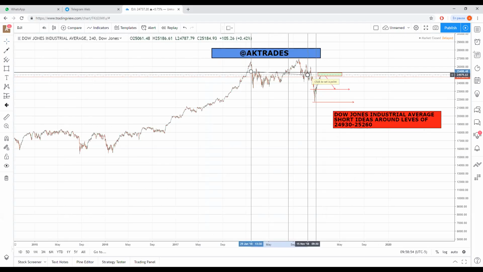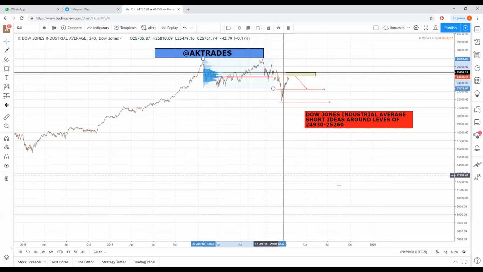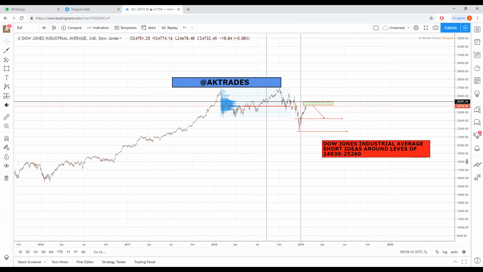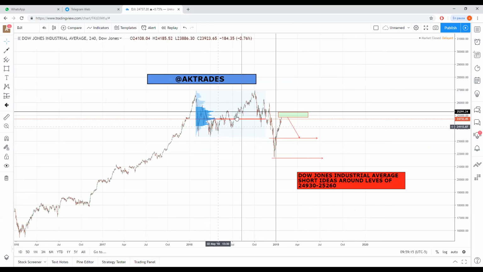So when we draw the volume profile in this accumulation prior to the strong down move, we can see that in this whole area, the most volume was accumulated around 24,704, which is where price is currently sitting.